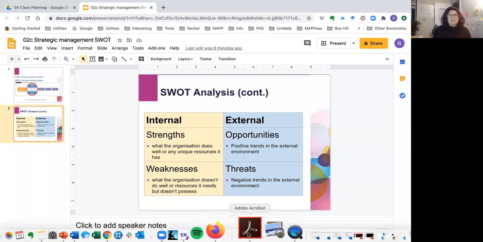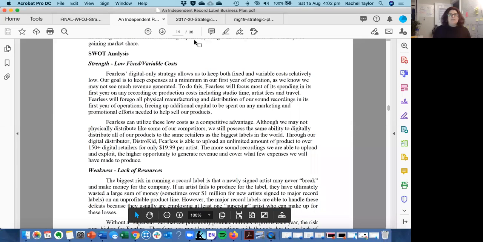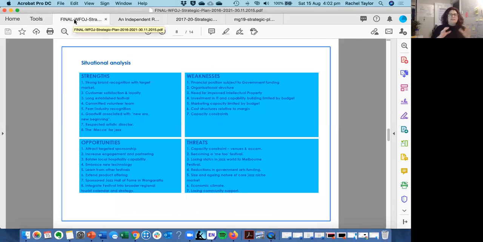Often you won't be able to find this information, because normally organisations don't make it public, because it's part of their competitive advantage, part of what they've identified as their strengths, weaknesses, opportunities and threats. But we do have a couple of examples here. This is the Wangaratta Festival of Jazz and Blues, and they've actually gone through and spelt out the SWOT analysis that they've done.